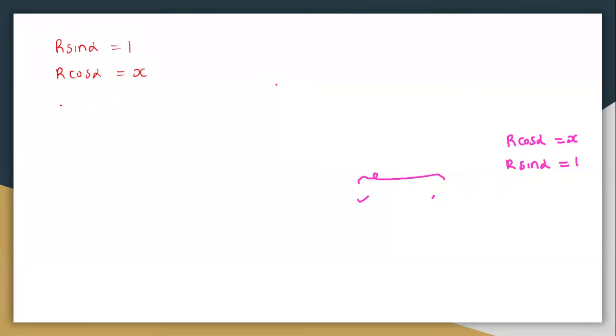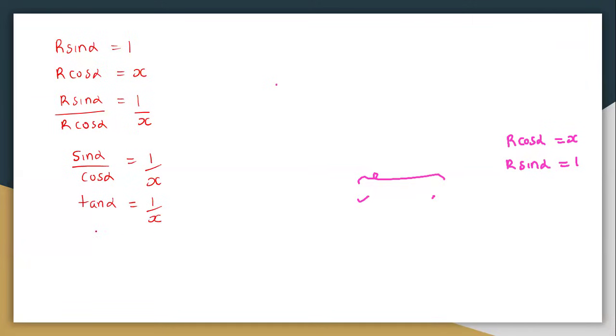So when I divide, I have r sine of alpha over r cos of alpha equals 1 divided by x. The r will cancel, so I remain with sine alpha over cos alpha is equal to 1 over x. Now, at this point, you are going to ask yourself, sine divided by cos, what do you get? I end up with tan of alpha equals 1 over x.